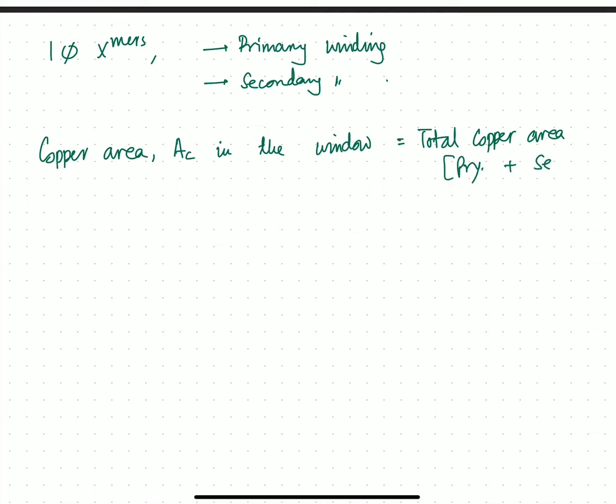So how do you compute this? This is equal to the number of turns of the primary winding TP times the area of cross section of the primary conductor AP. Similarly, for the secondary you have TS, the number of turns of the secondary, times the area of cross section of the secondary conductor AS.